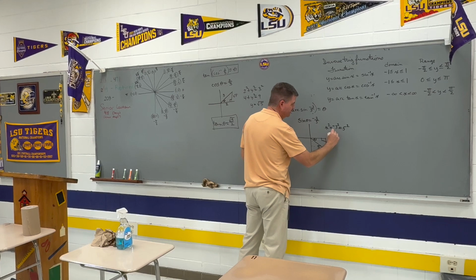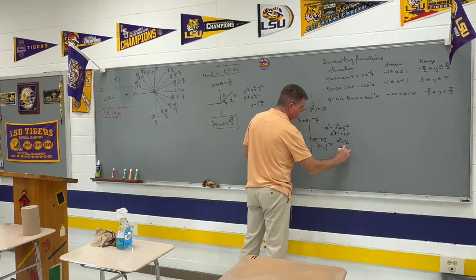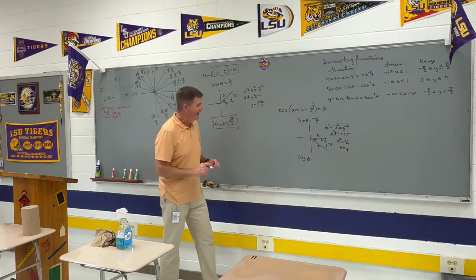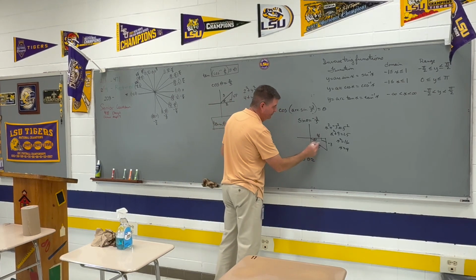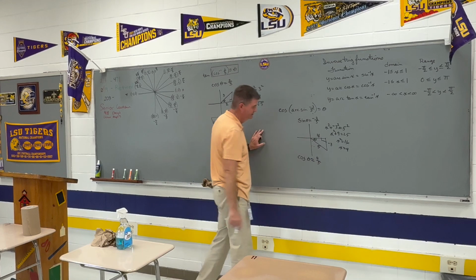That gives me what? X squared plus 9 equals 25. X squared equals 16. X equals 4. So it's a 3, 4, 5 right triangle. And the cosine of that angle would be what? Adjacent over hypotenuse. So the answer would be 4/5.